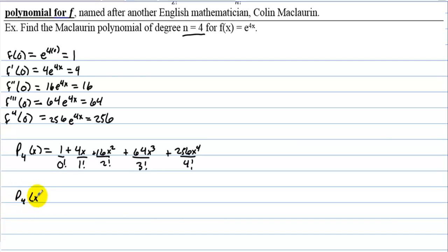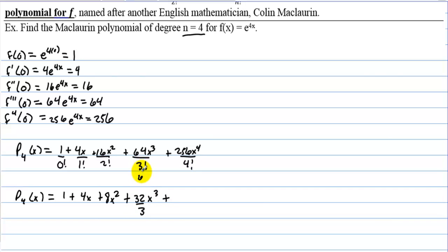So the fourth degree polynomial is equal to, 0 factorial is 1, so that's 1. 1 factorial is 1, that's 4x. 2 factorial is 2, that's going to be 8x squared. 3 factorial is 6, that means we're going to have 32 over 3x to the third.